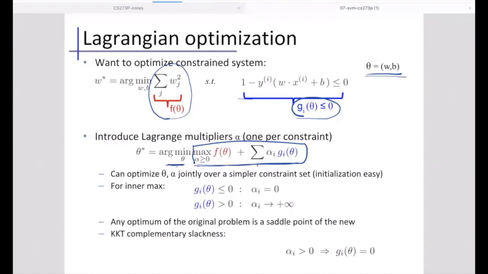And you can see the solution of this problem is going to be the same as the solution of the original problem. Why is that? Well, because if your parameter theta violates those constraints, I can choose alpha to be a very, very large number, and as a result this overall function will be positive infinity.